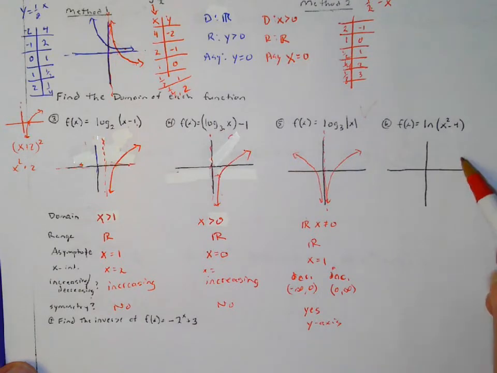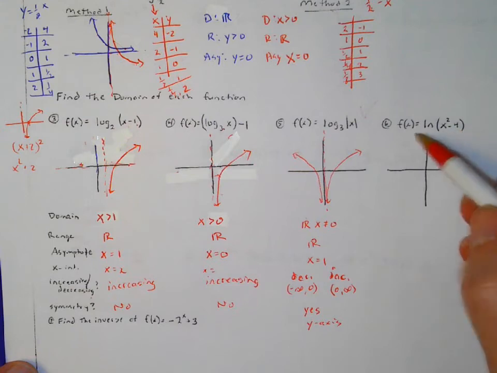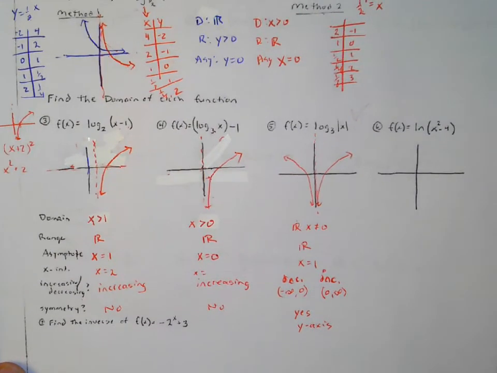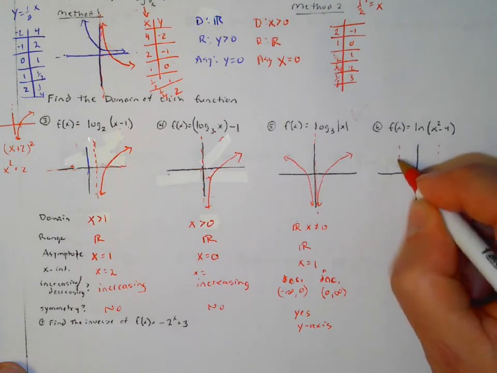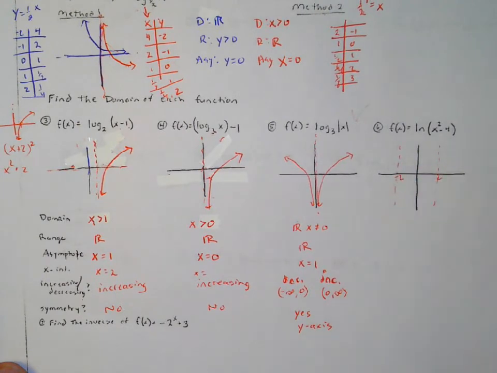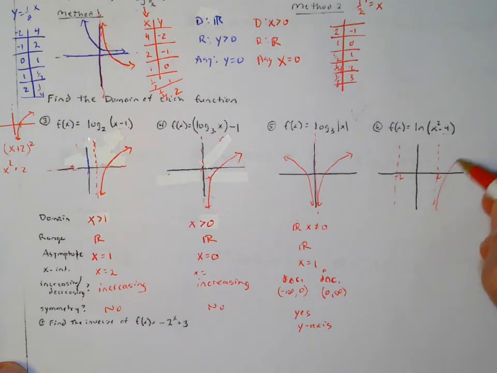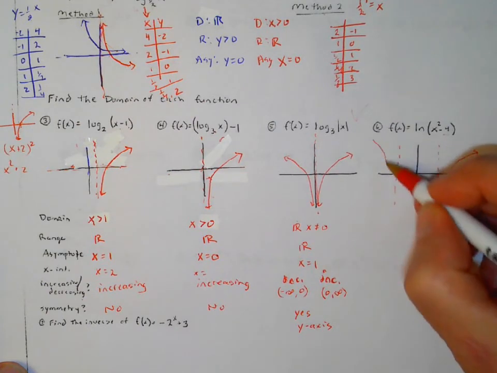If we look at this one, once again you can type this in on Desmos. There are actually two asymptotes at 2 and negative 2, because if you set this equal to 0 and solve it, you get 2 and negative 2, and you would get a graph that looks like this.